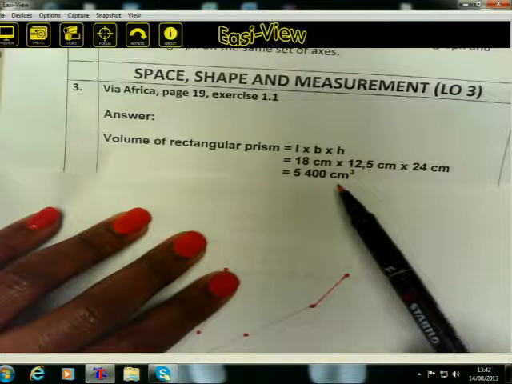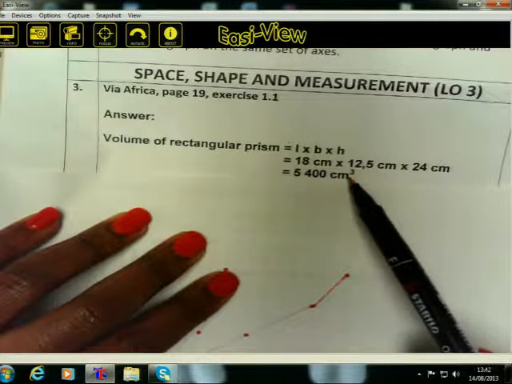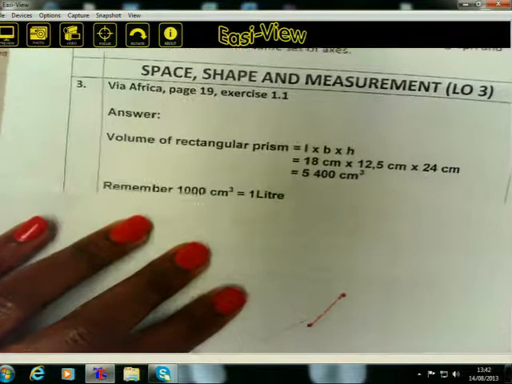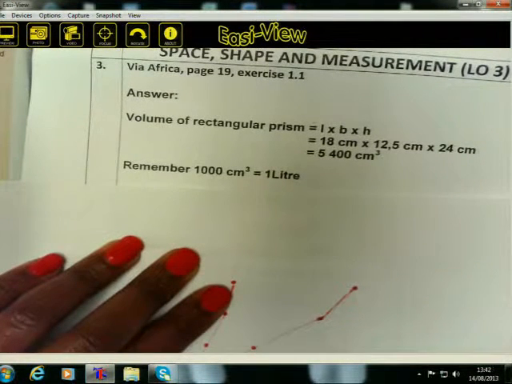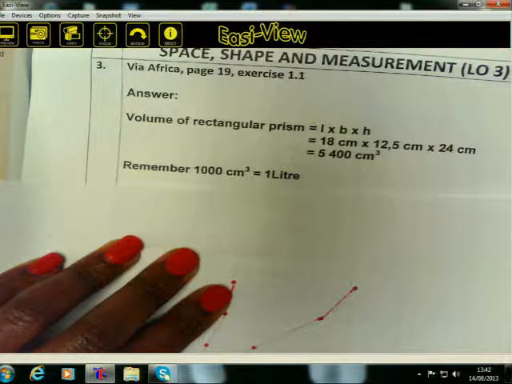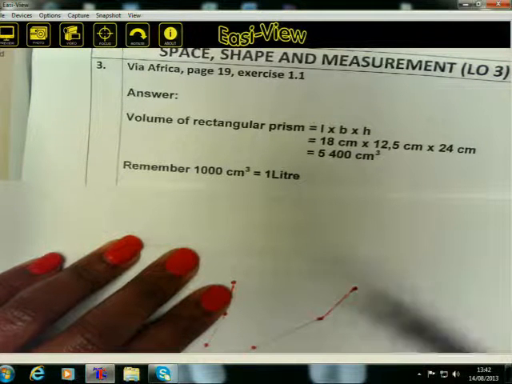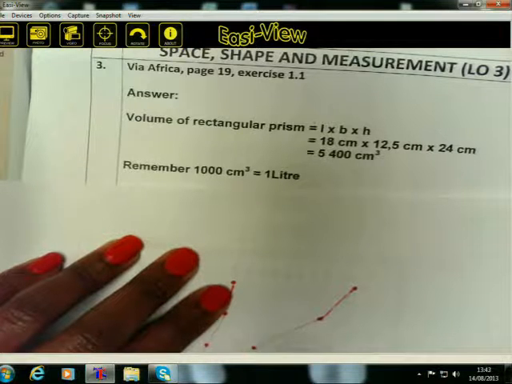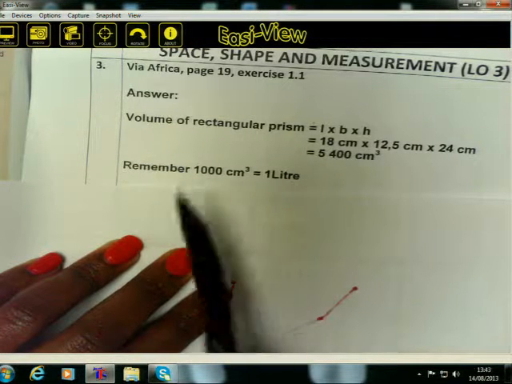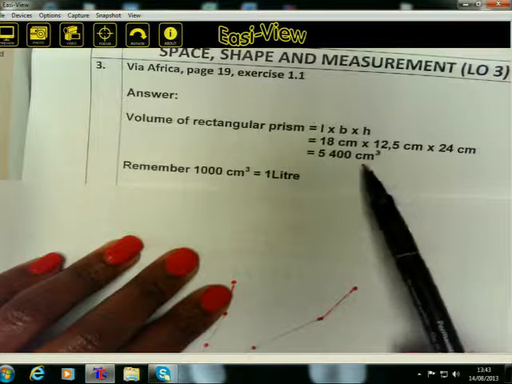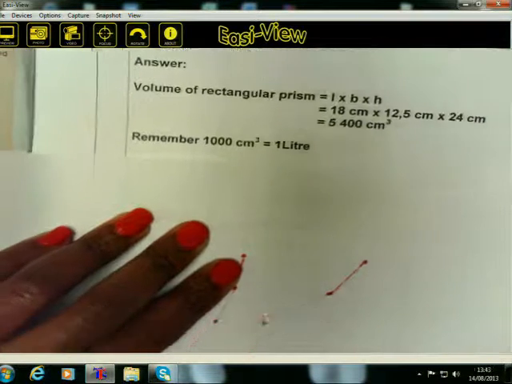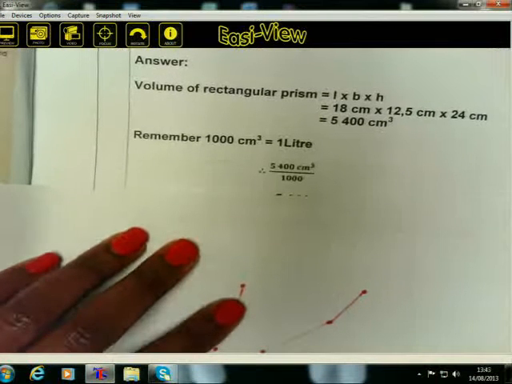Therefore, we must be able to convert from cubic centimeters to liters. Remember, 1,000 cubic centimeters is equals to 1 liter. If you have 1 liter, it's the same as 1,000 cubic centimeters. Now we can use this conversion factor to convert 5,400 cubic centimeters into liters. There we go.